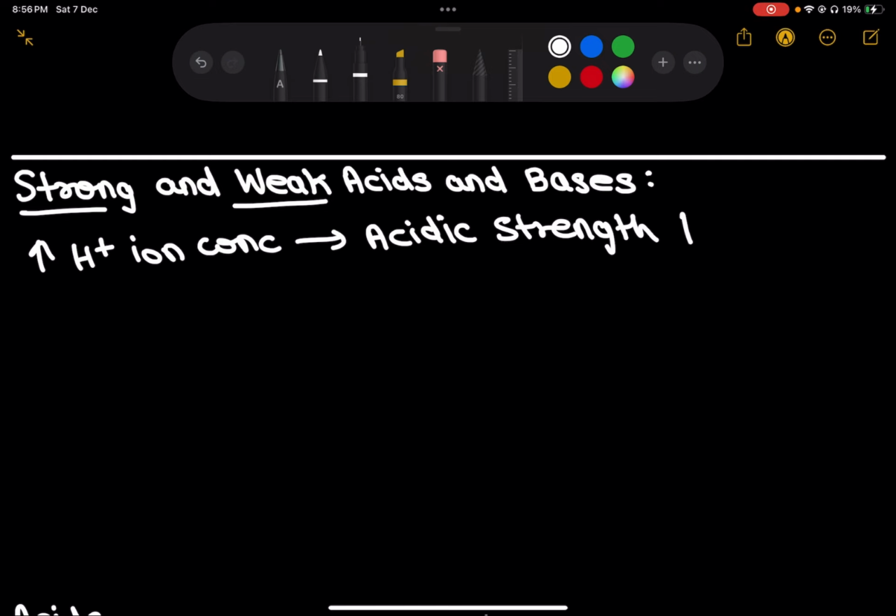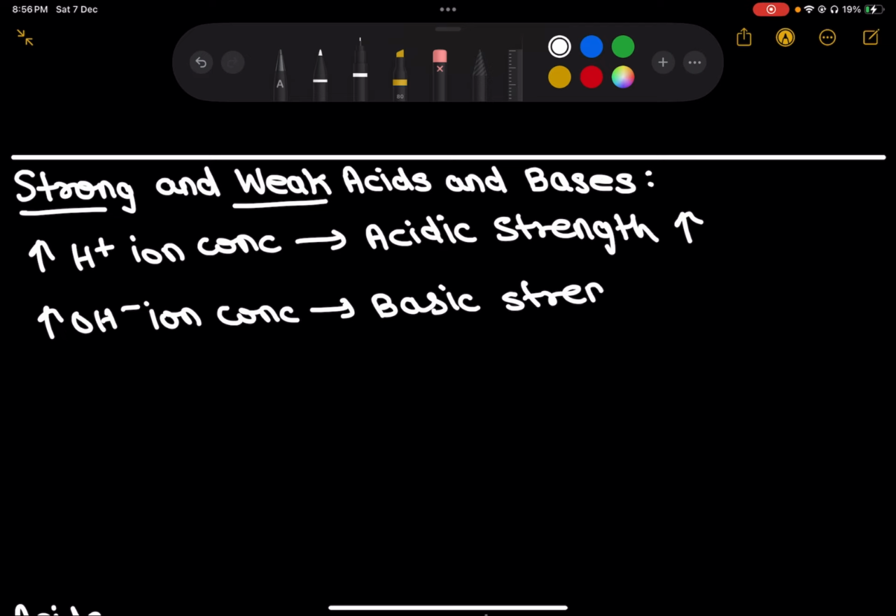Increase in OH minus ion concentration leads to basic strength increase. So this is the basic fundamental idea behind it. H plus increase, acidic strength increase. OH minus increase, basic strength increase. Simple.